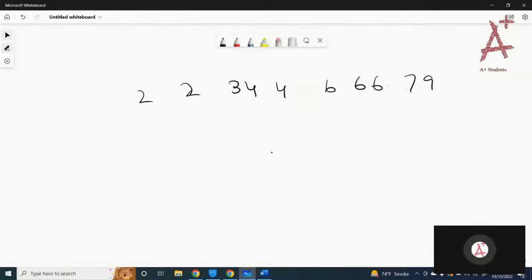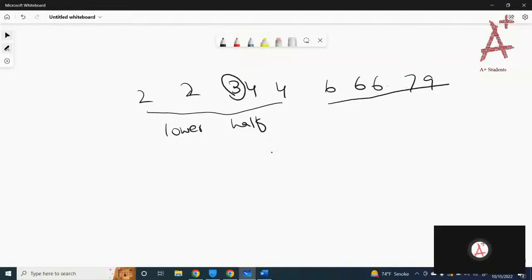They are just 10 numbers, so you can divide them easily into two groups. Got it? You have to find the lower quartile. So this is the lower half. Which number is exactly the middle number in the lower half? 3. Got it? So 3 is the lower quartile.